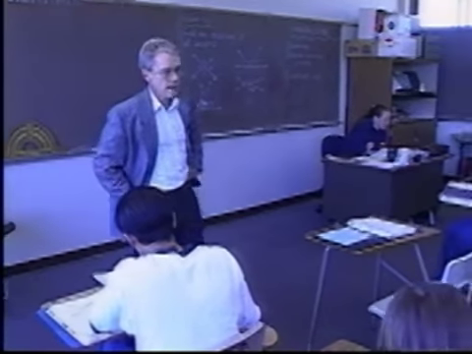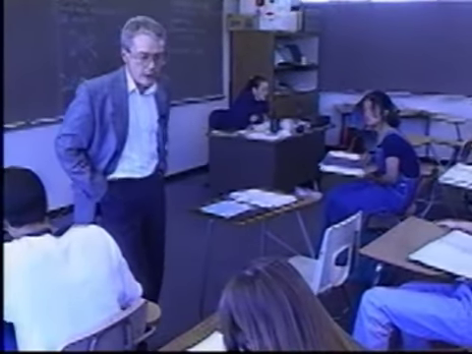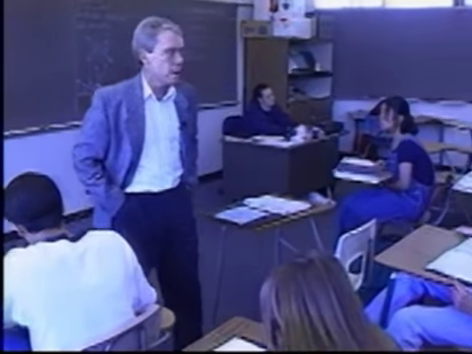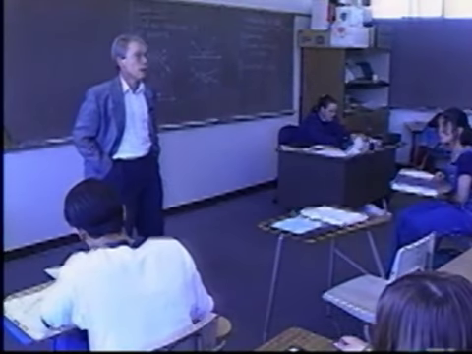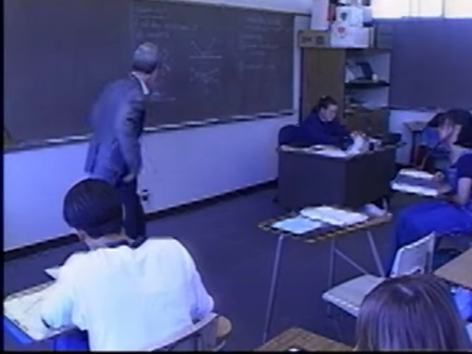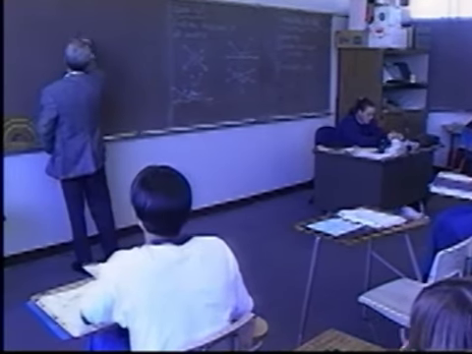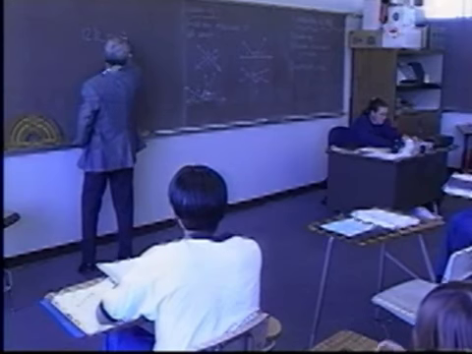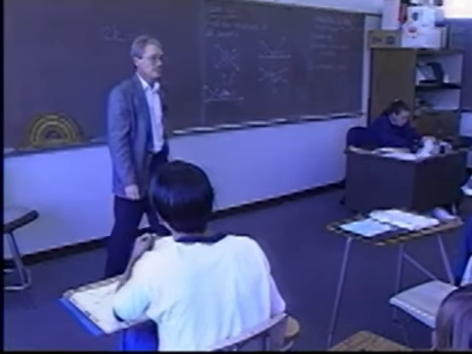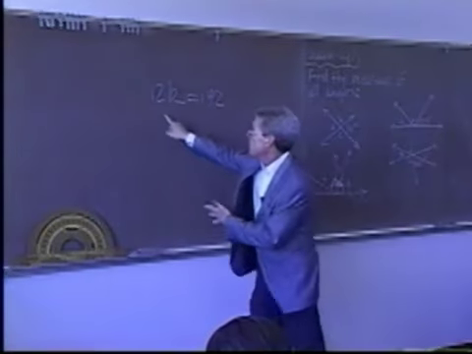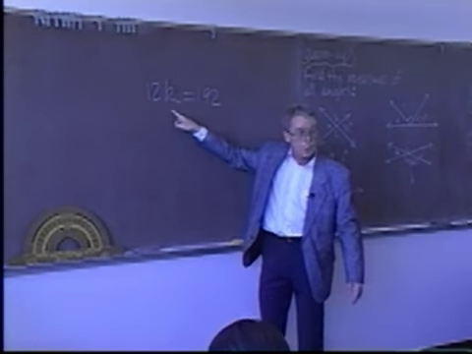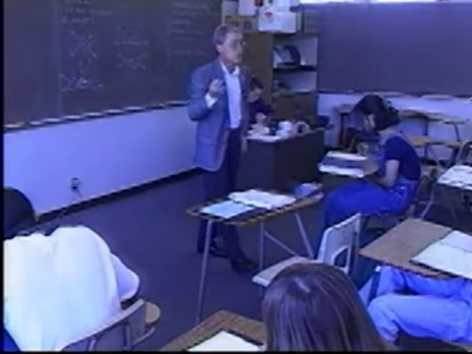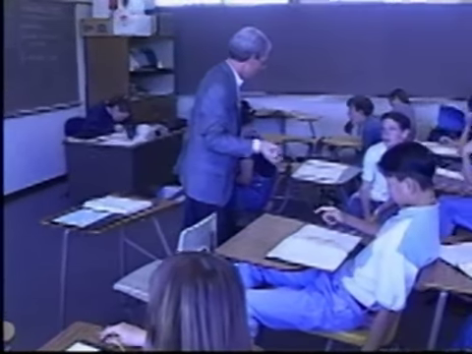It says write an equation that represents the sentence, the product of 12 and a number is 192. 12 and the number K, 12K is 192. Excellent. Doesn't it say the product of 12 and the number K is 192? Remember, a math equation is just a sentence written with symbols.